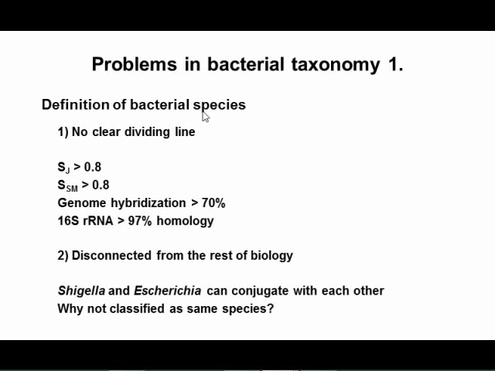Okay, right, before I finish up on this subject, just to go back to a couple of things that I forgot to mention when I was talking about identification. So how do you identify bacterial species?